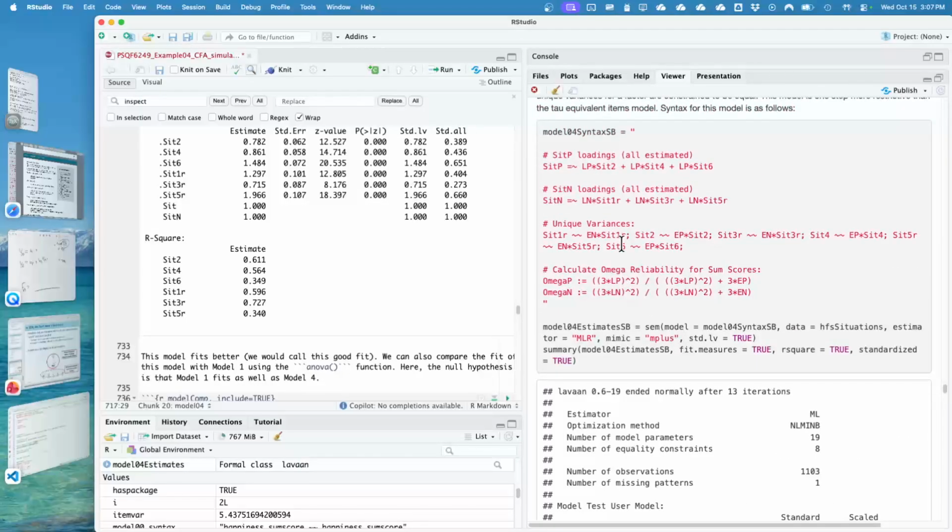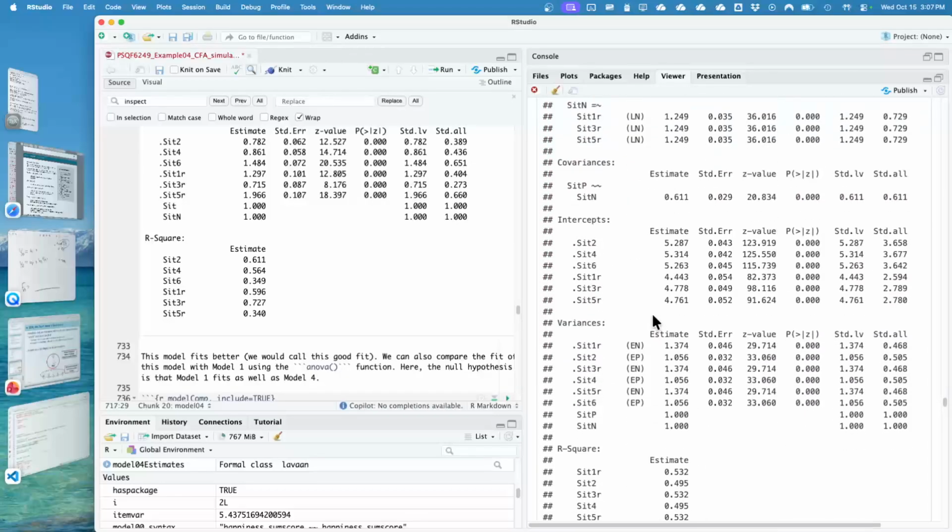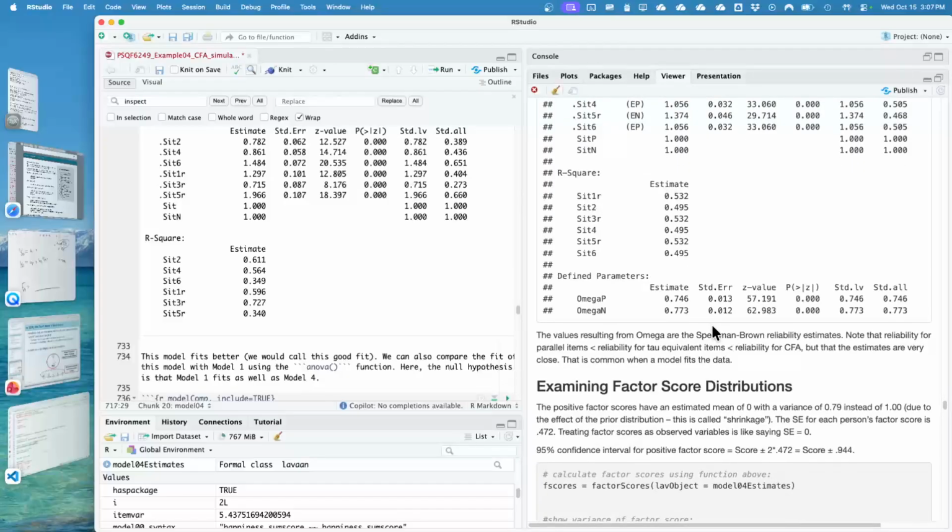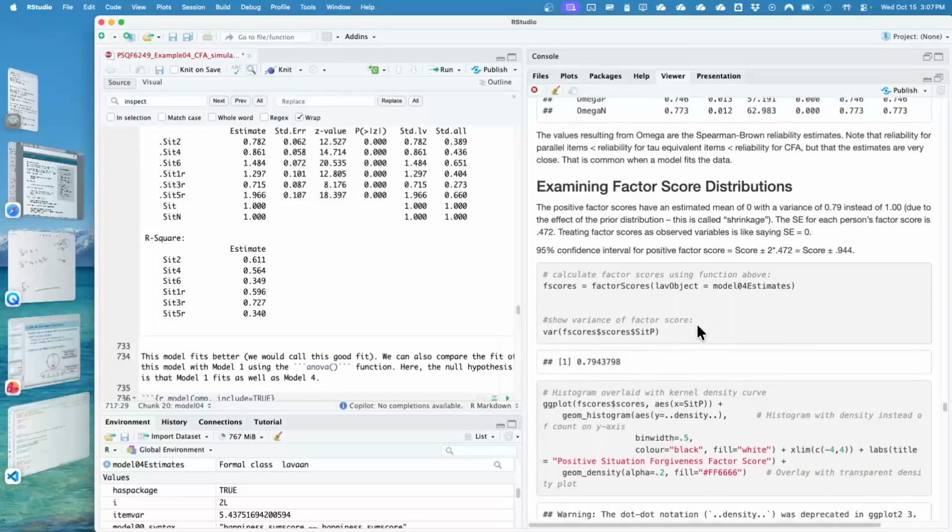Although here, yes, I constrained the unique variances per factor to be equal. So the reverse coded variances were 1.374. The regular items were 1.056. And in that case, I could still do, well, I can't actually do it.